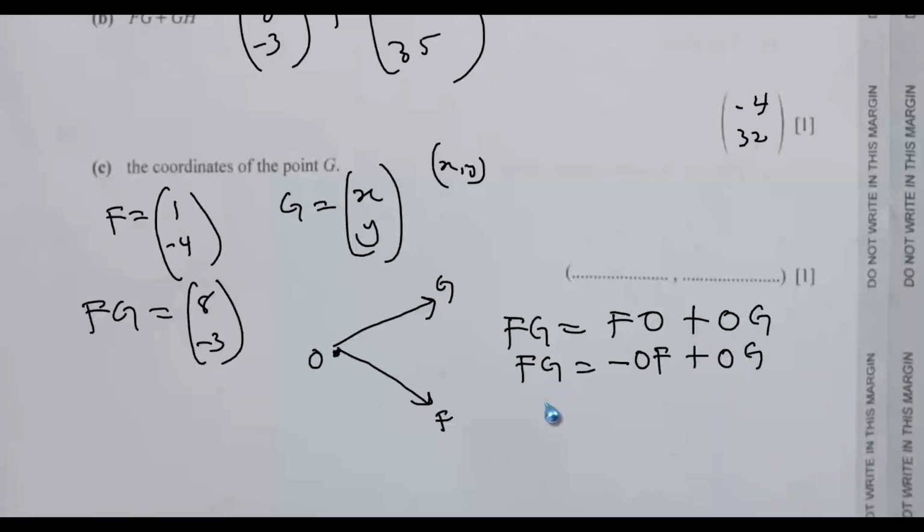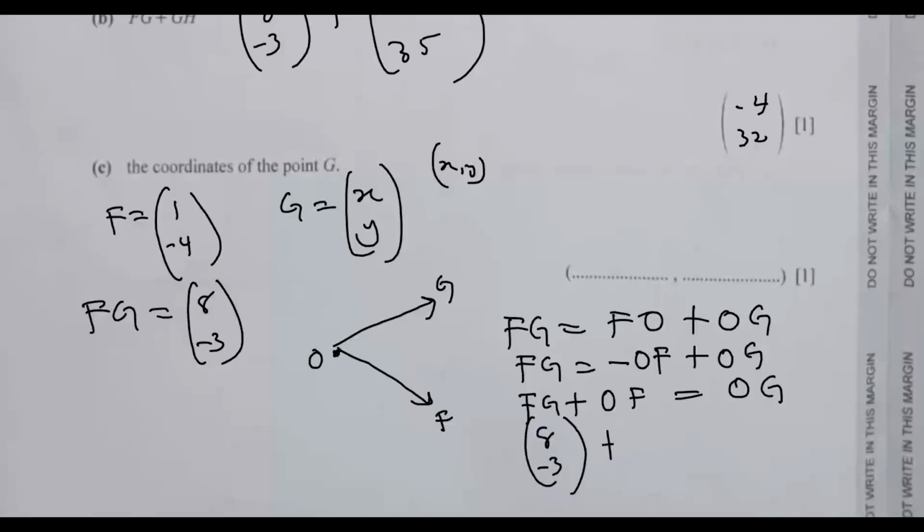Okay, so let me put the values there. Since I want to get G, I can bring negative OF to this side, and then that will be FG, then add OF. So that will give me the coordinate of G. So FG is 8, minus 3 like this.